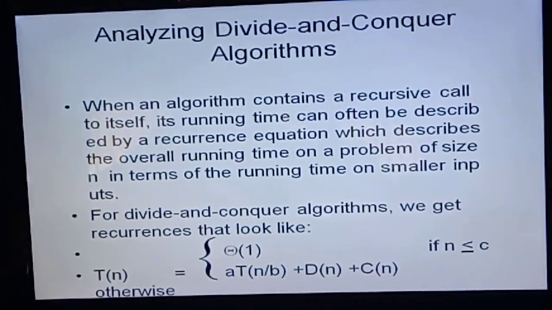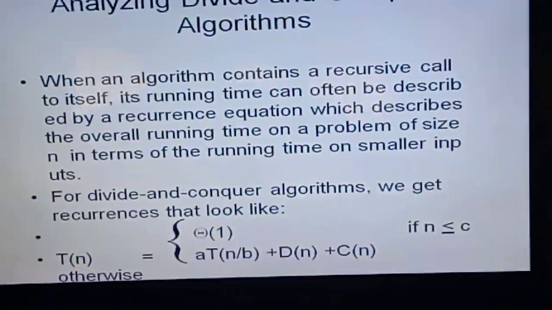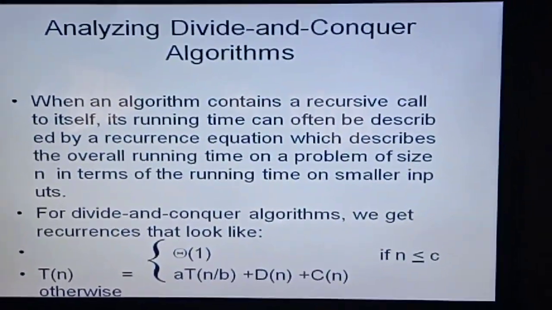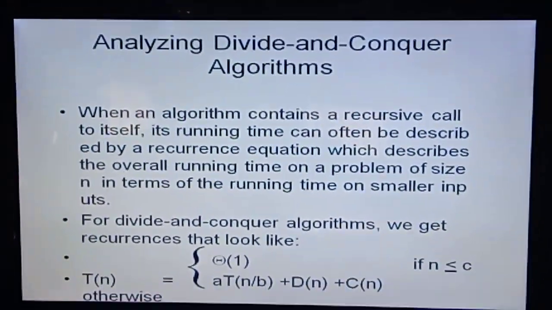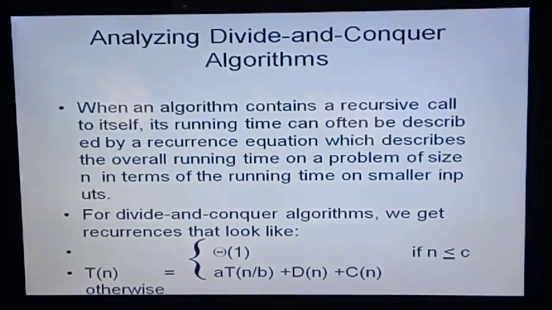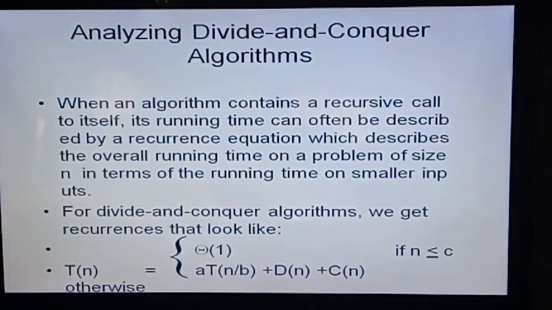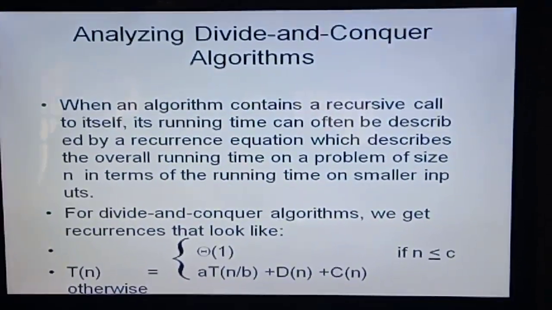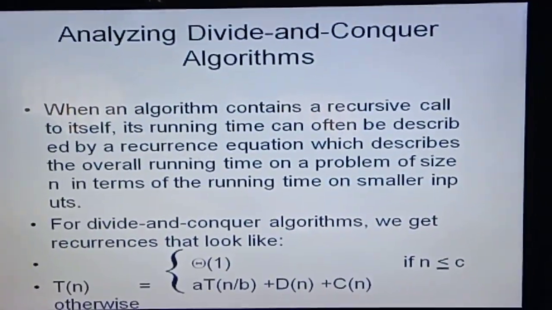When the algorithm contains a recursive call to itself, its running time can often be described by a recurrence equation. So, divide and conquer running time can be represented using recurrence relations. A recurrence equation describes the overall running time on a problem of size n in terms of running time on smaller inputs.